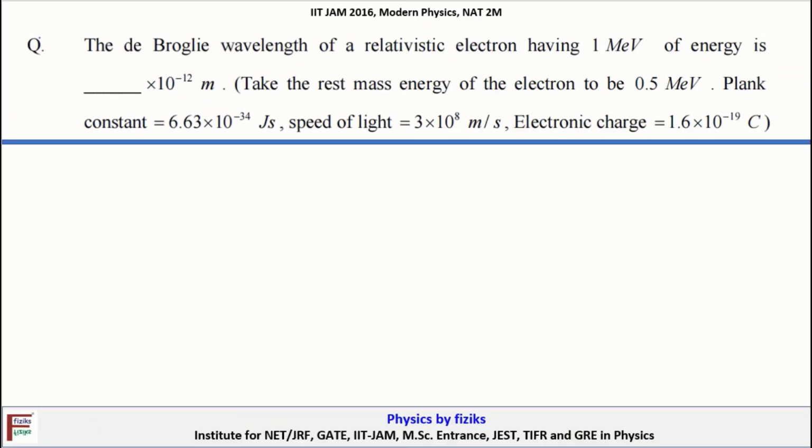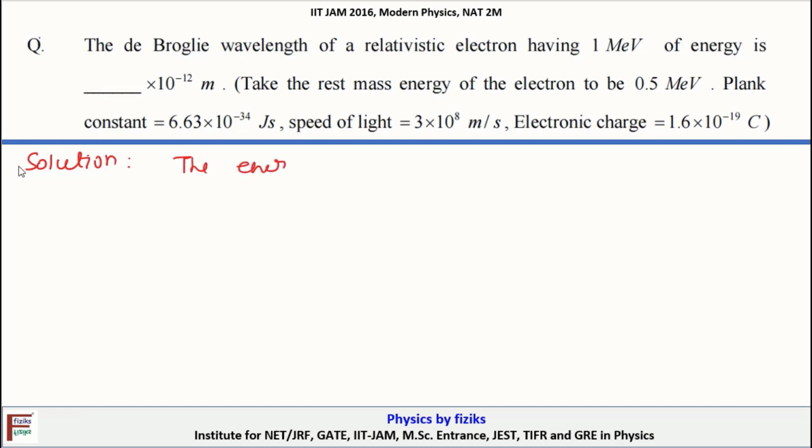The de Broglie wavelength of a relativistic electron having energy 1 MeV is. We have to determine the de Broglie wavelength corresponding to this relativistic electron. Solution.